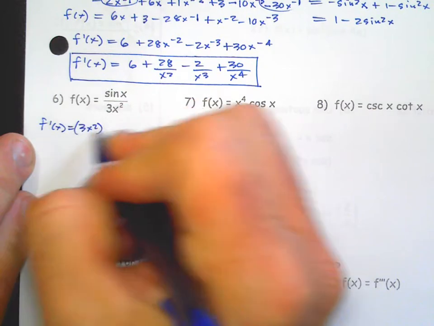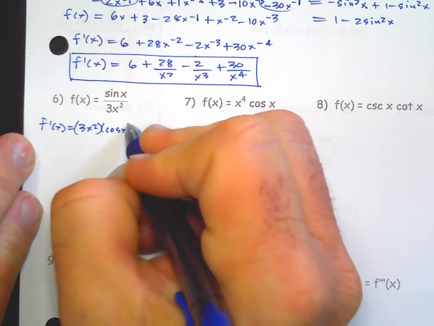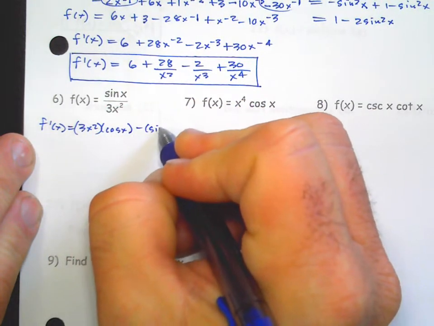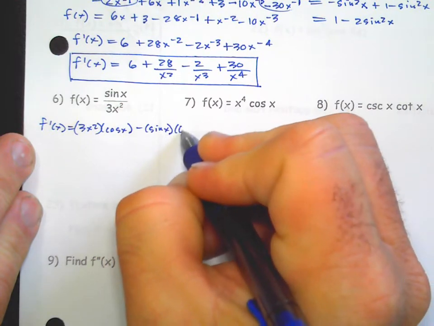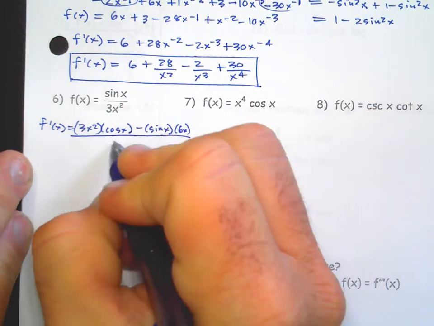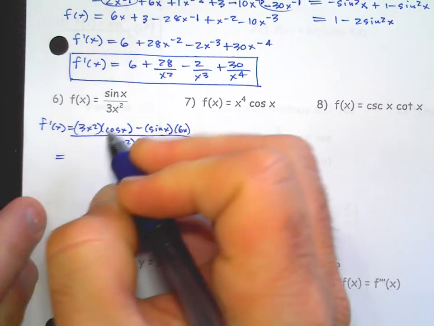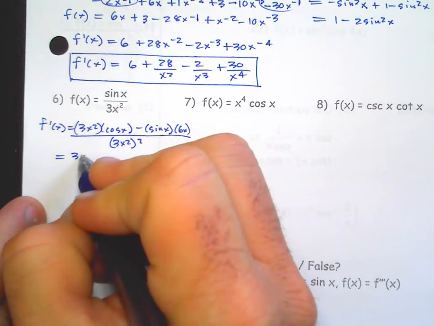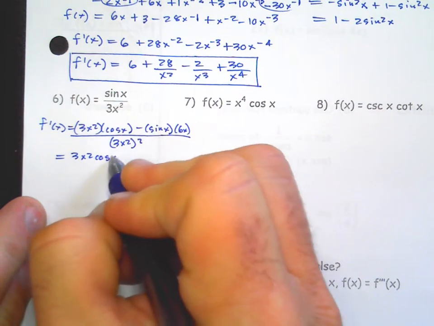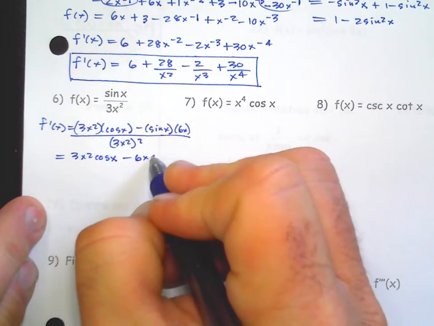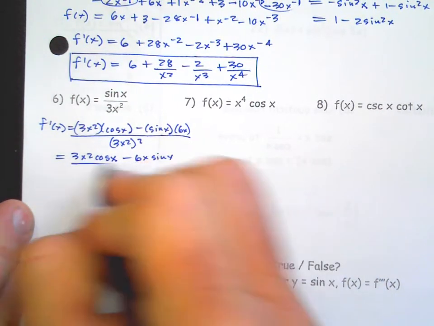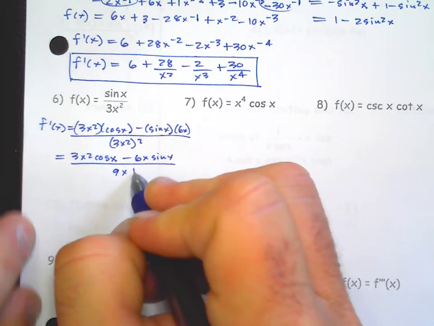Low d high minus high d low all over low squared, lots of parentheses. So that's going to be 3x squared cosine x minus 6x sine x over 9x to the fourth.